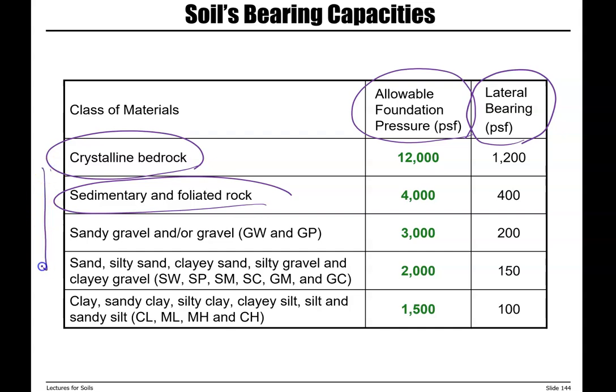So this is the way that we observe a decrease. Then we have gravel, sand, and then fine material with lowest bearing capacity and lowest allowable foundation pressure.